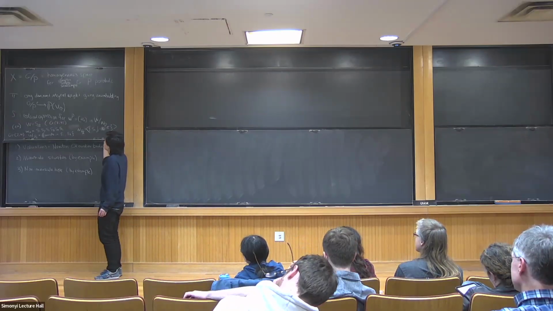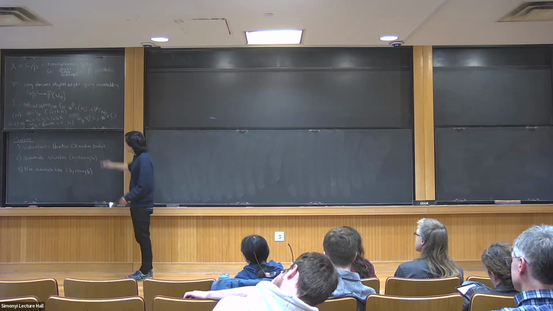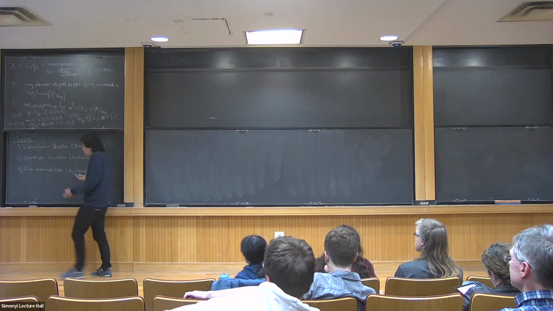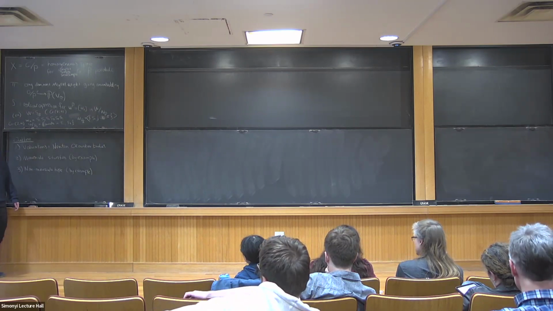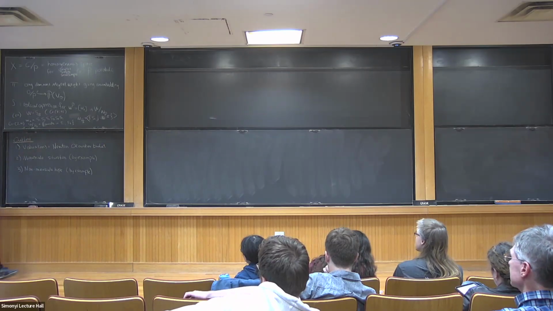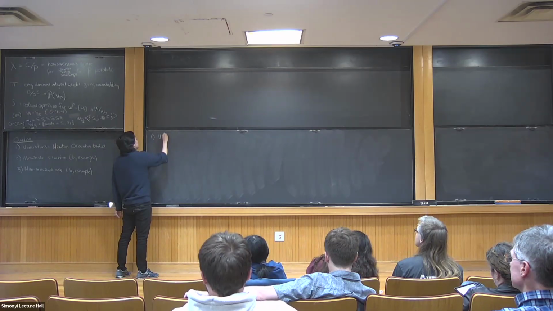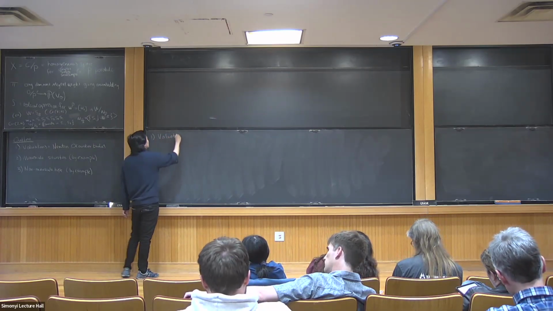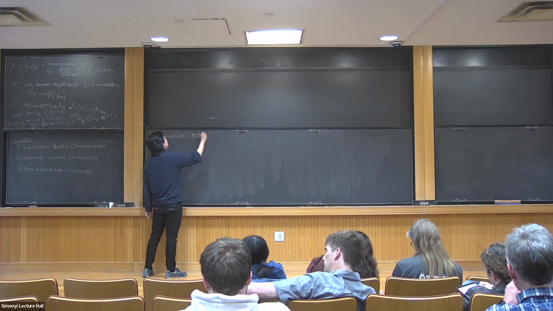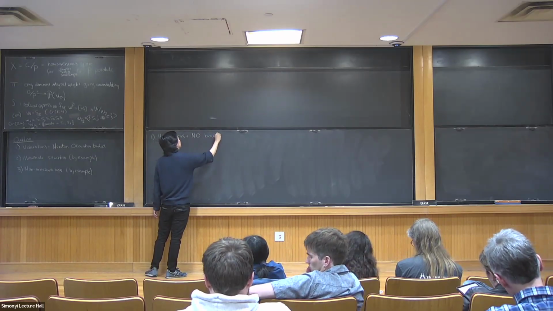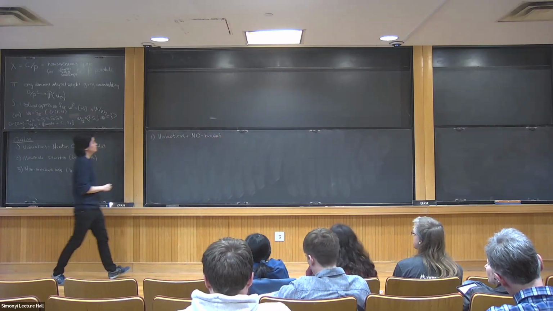All right, so let me start here. I'll first say not too much, but at least a little bit about valuations and Newton-Okounkov bodies. Let me give some definitions. What are these?